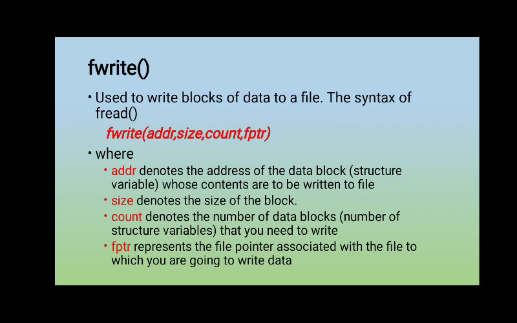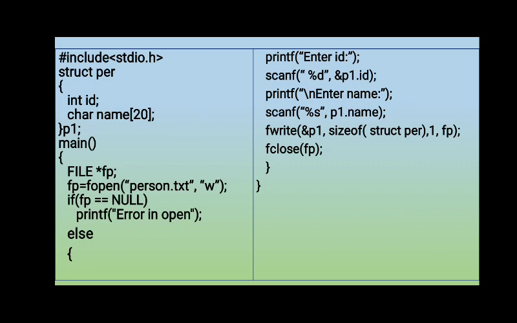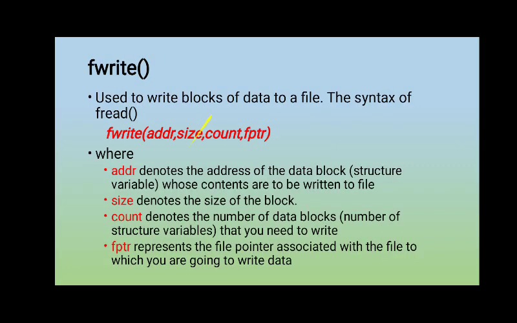So in fwrite, the first parameter is the address of the structure variable, then the size of the structure variable, then the number of data you're going to write, and then the file pointer. These are the same parameters as that of the fread function: the address of the structure variable, then the size of the structure, then the number of blocks that you're going to copy, and then the file pointer.